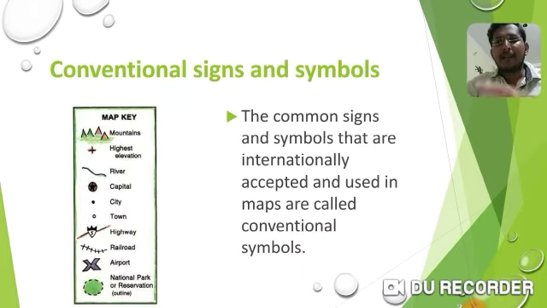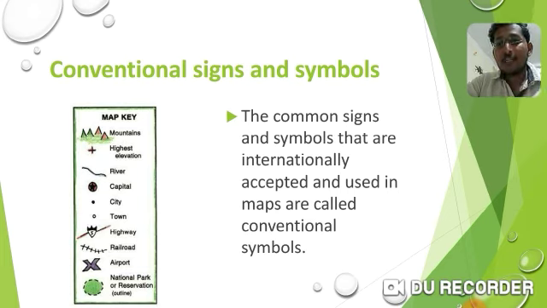We need some conventional signs and symbols. The common signs and symbols that are internationally accepted and used in maps are called conventional symbols. Why these are used? Mainly for two reasons. Irrespective of language, we can understand the geographical features.